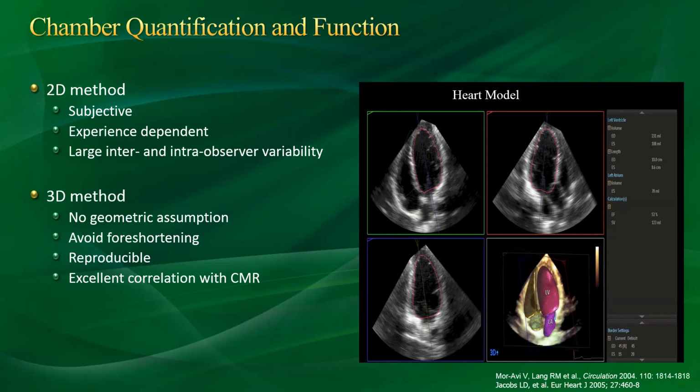We teach the computer how to apply that to the heart that you scan. By doing that, in a few seconds, you can generate systolic and diastolic volumes with ejection fraction. It's early to judge, but there's some data showing this correlates very well with CMR, so it's a promising field.